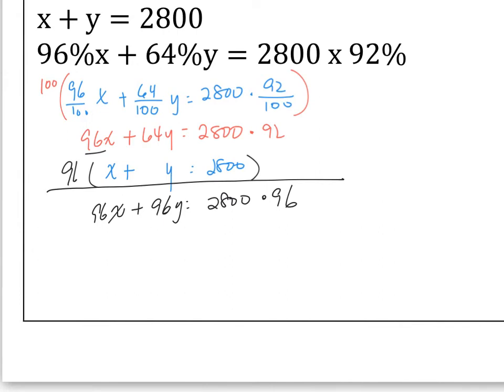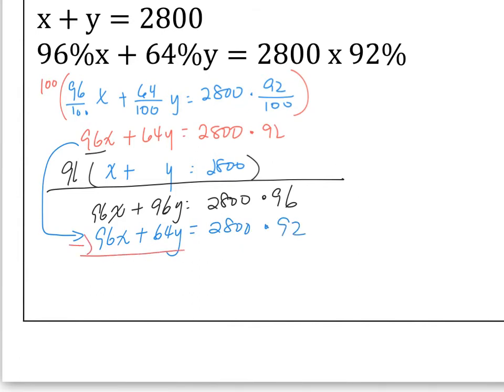Okay, and then I'm going to recopy this equation down here. 96x plus 64y equal to 2800 times 92. I'm going to choose to subtract, so I can cancel this out. Negative, positive, negative makes a negative 64, and this will be 32y. And here, of course, will be subtract as well.